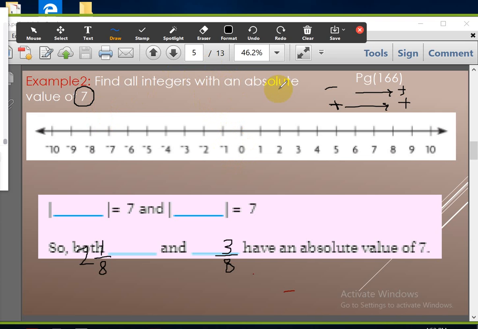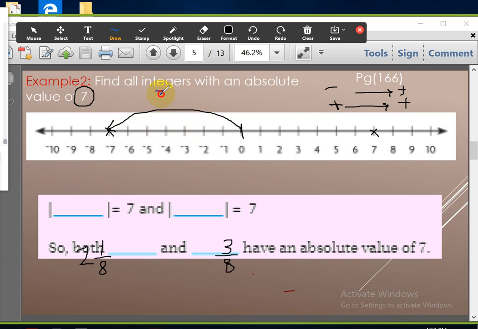You know, girls, the absolute value is the distance between 0 and the number. So which numbers have a distance of 7 from 0? Look at -7 and 7. Those are symmetrical numbers. Look, the distance between 0 and -7, I want to count the distance: 1, 2, 3, 4, 5, 6, 7.